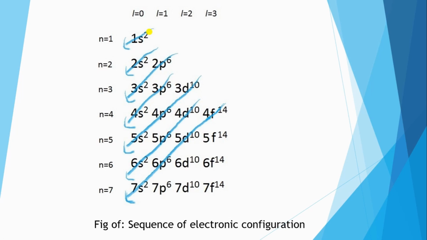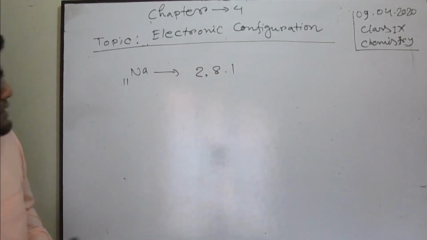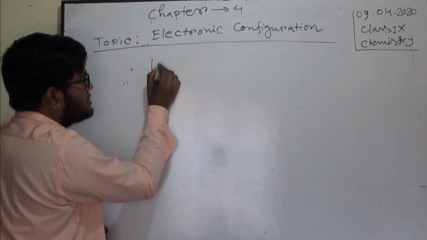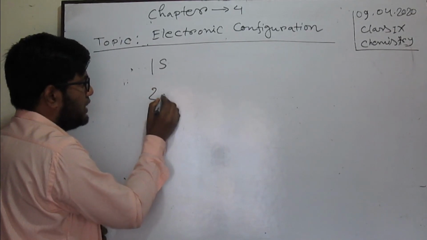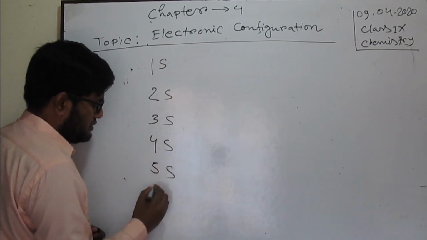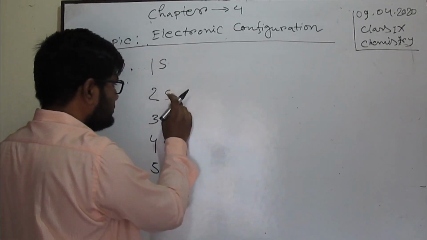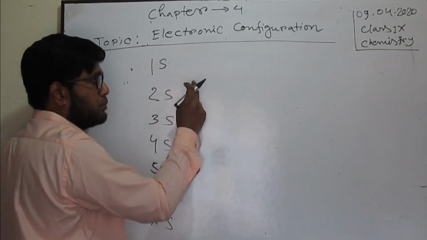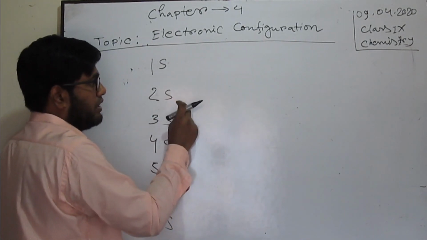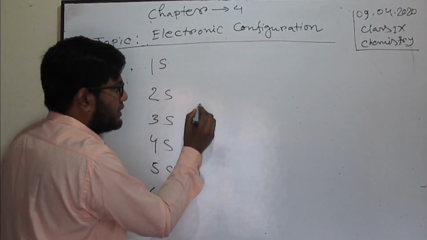You can ask me, sir, how can I write this procedure? Okay, listen to me. At first you write 1s, then 2s, as usual 3s, 4s, 5s, 6s, 7s. Then p. 1p is not possible, you know this. Where we write 2p orbital, a little bit lower than 2s.